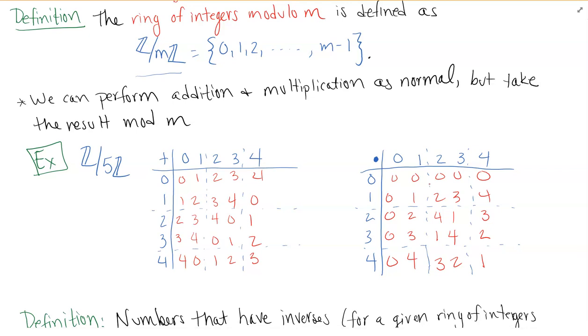Now, in the multiplication table, if we're thinking about that last proposition that we proved in the GCD stuff, we might notice that 1 is its own multiplicative inverse. 2 and 3 are multiplicative inverses, because we get those appearing, right? So 3 times 2 was 6, and then mod 5 is 1, and 4 is its own multiplicative inverse.